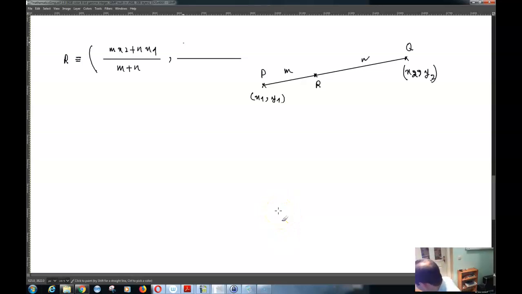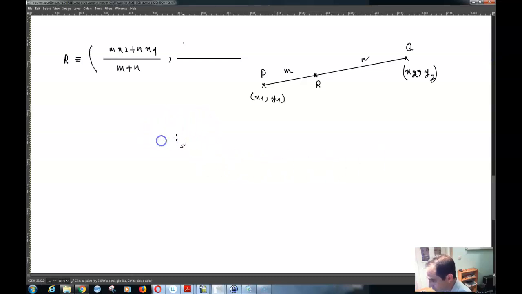And it seems that there is a difference between these two statements.